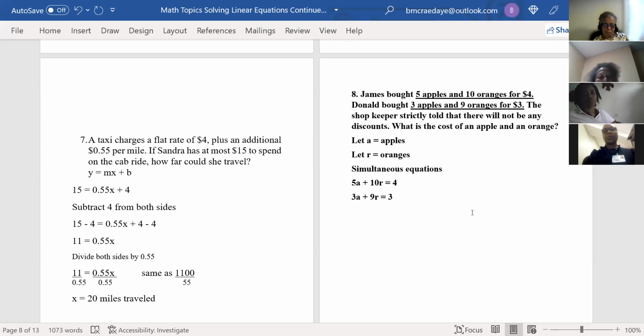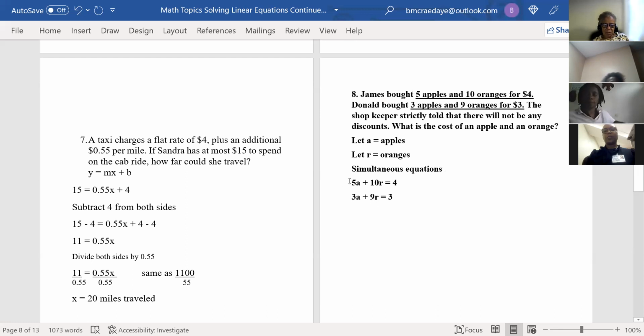We set up the equations, Vanessa. We have them here. 5 apples, 10 oranges, cost $4. 3 apples, 9 oranges, $3. Now, we can use elimination or substitution.